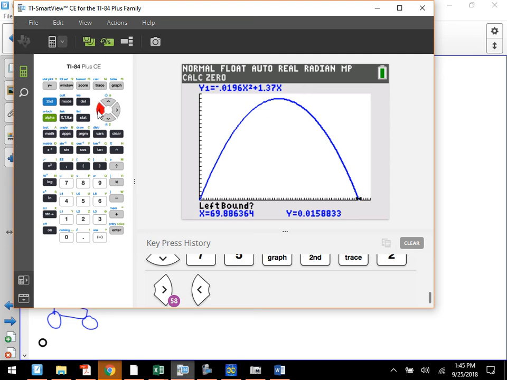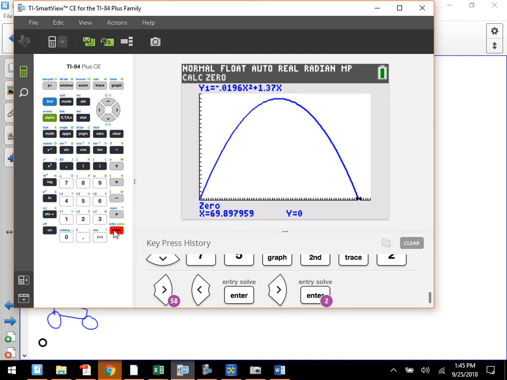I just move it back 1. I'm still positive in my y value here, so I hit enter. I go to the other side where it goes negative. Somewhere in between, it had to equal 0. I hit enter, and enter again. And there's my 0. My 0 occurs at 69.9 miles out.